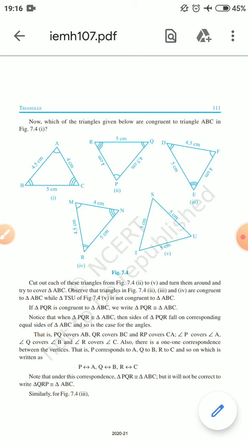But on the other hand, you can say one more thing, that is figure first, figure second, figure third, and figure fourth. These four figures are congruent to each other, as the side that we see, right, this side 4.5 centimeter in triangle MNR, this is equal to the side of triangle ABC, right.